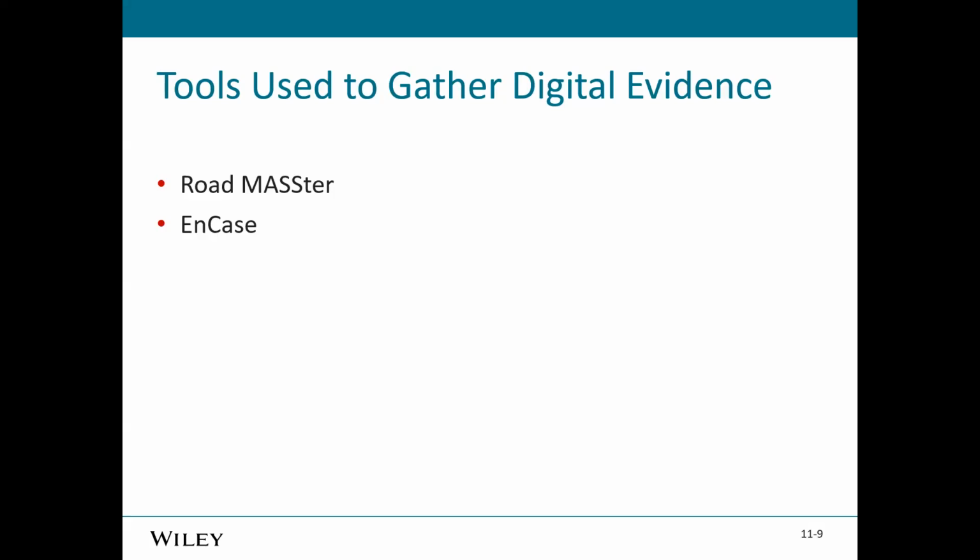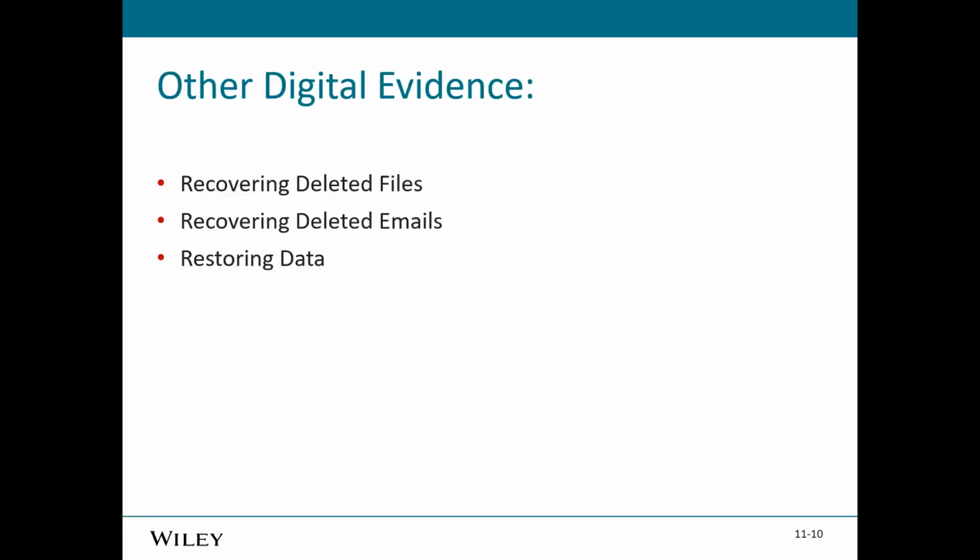EnCase can be used to investigate and analyze data in multiple platforms, identify information despite being hidden or cloaked or deleted, and manage large volumes of computer evidence. So these are two things that we can use to help us gather that digital evidence.